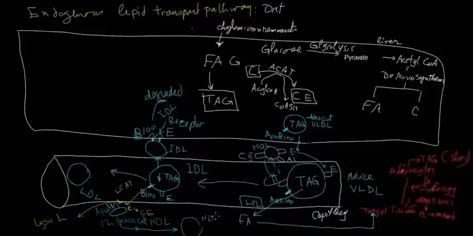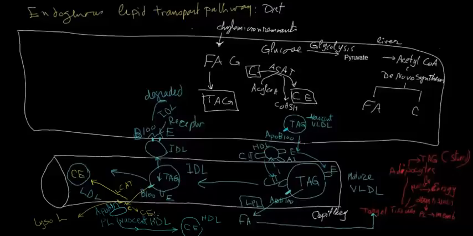So these other species of HDL now contain cholesterol ester, but part of this cholesterol ester is going to go back to the IDL in its conversion to LDL. So the resulting LDL will now be stuffed with cholesterol ester.